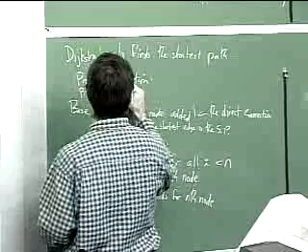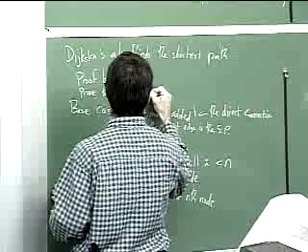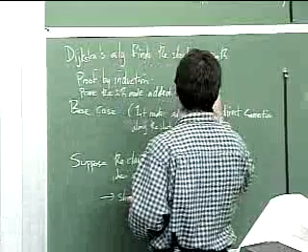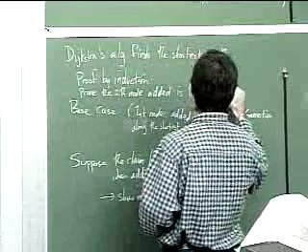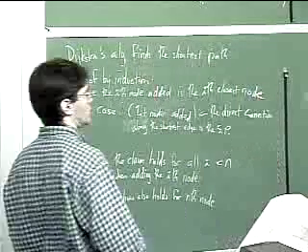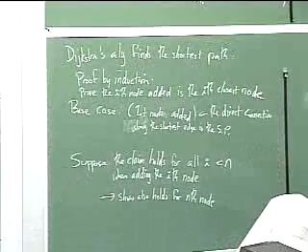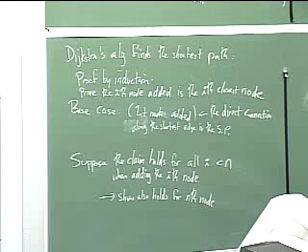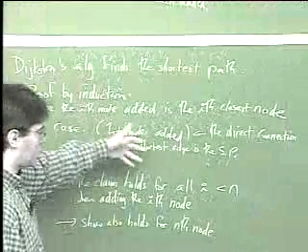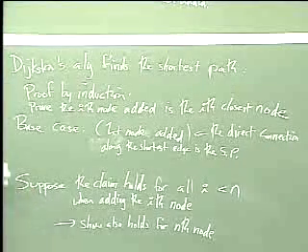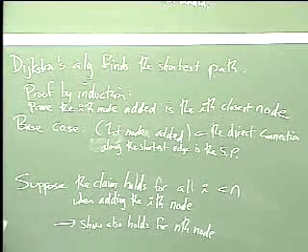the ith node added is the ith closest node. Okay? So that holds for the base case, right? The first node we add is the closest. And suppose the claim holds for all i less than n when adding the ith node.